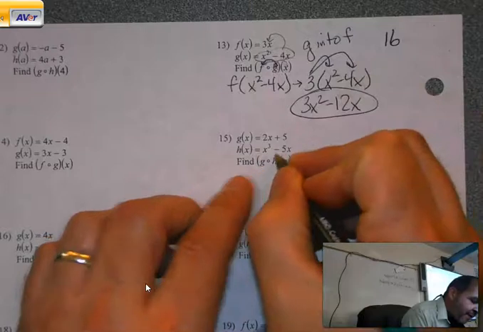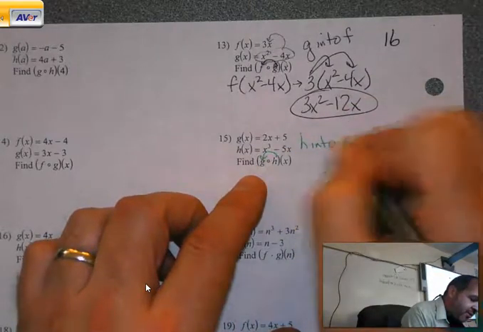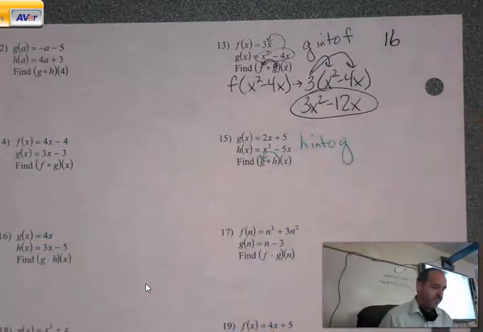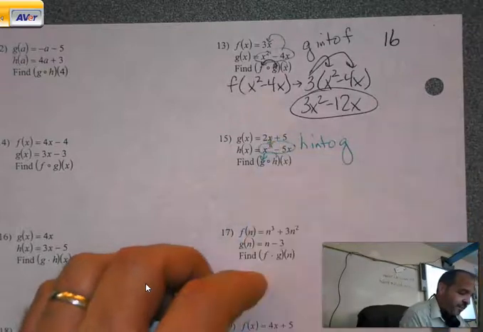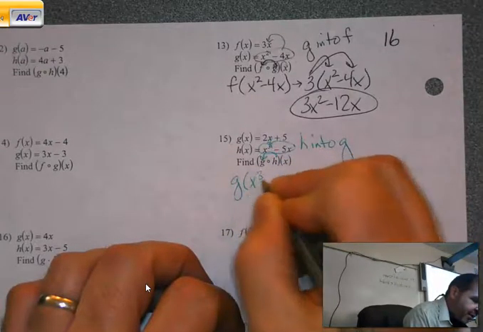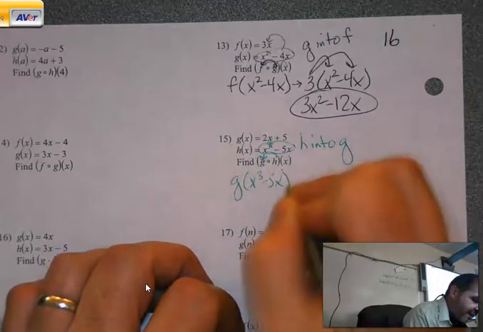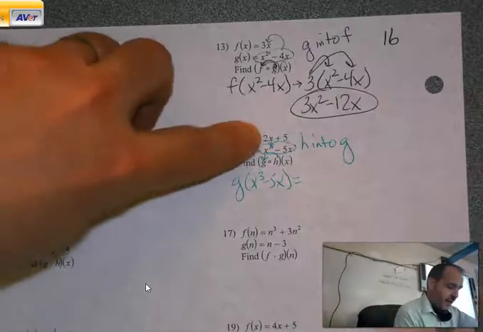The one on the right goes into the one on the left. H into G. This in right there. So G of x cubed minus 5x is going to be, okay, here's G. I start copying.